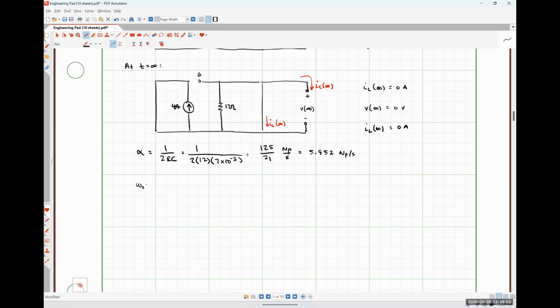The next thing that we're going to calculate is omega naught. Omega naught is the square root of 1 over LC. So that's going to look like the square root of 1 over 20 times 7 times 10 to the minus 3.